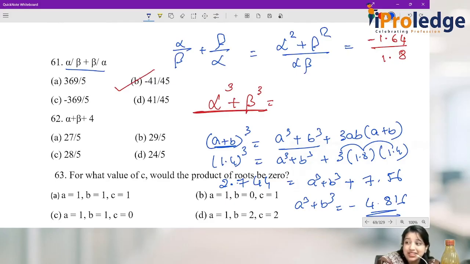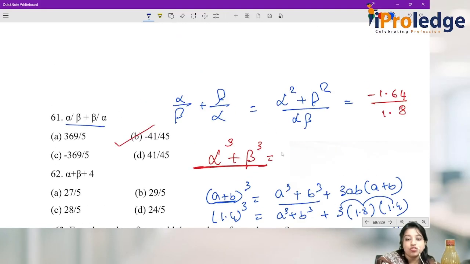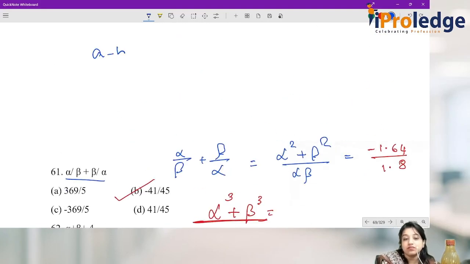If we have a square minus b square, we took a square plus b square and a plus b, so then we have a minus b. a square minus b square equals (a plus b) into (a minus b). Which formula should we use for a minus b whole square?